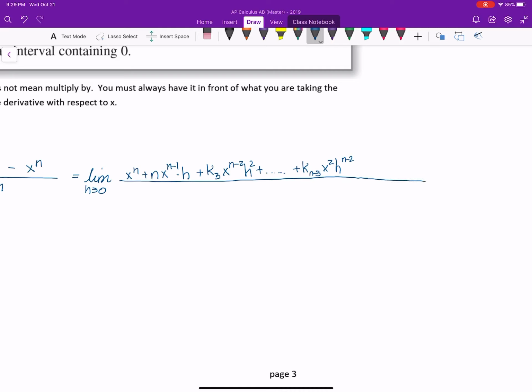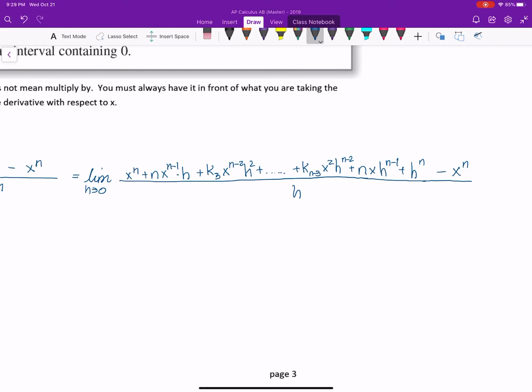Oh, I need to make this longer. Plus the second to last term, where the coefficient is n again, and then we have x h to the n minus 1, plus 1 is the coefficient for the last term, h to the nth power. That is the entire expansion. And then we have minus x to the n on the end here. And then all that over h.